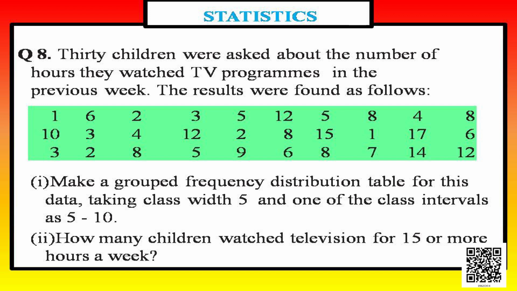First: make a grouped frequency distribution table for this data taking class width 5 and one of the class intervals as 5 to 10. Second bit: how many children watched television for 15 or more hours a week? Now let us solve it.